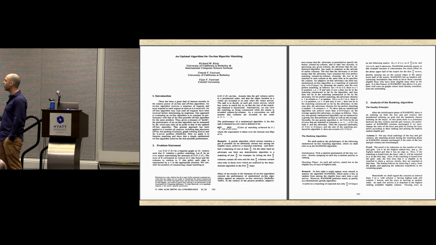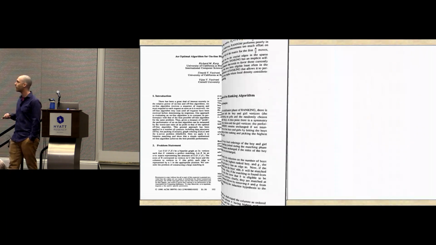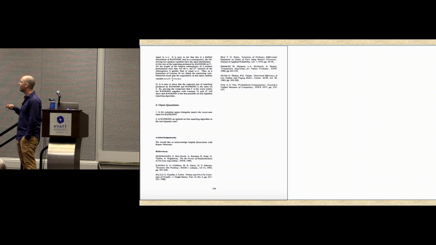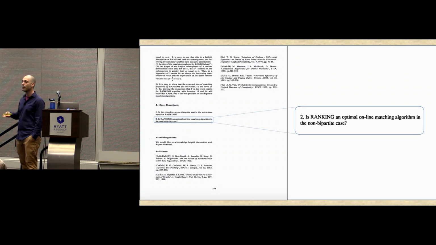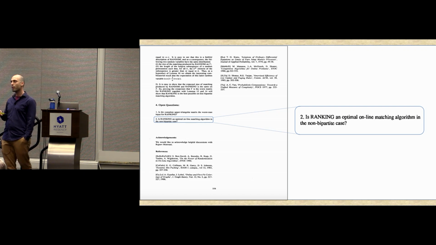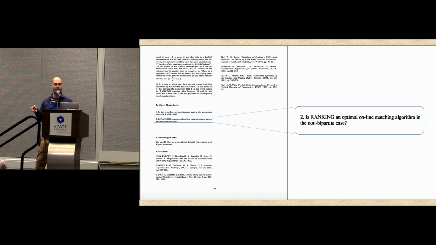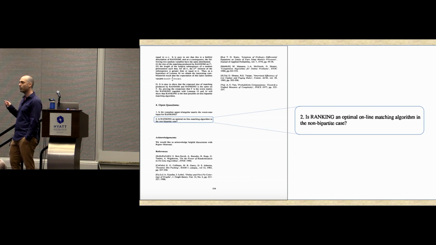If you look at the original KVV paper and skim to the last page looking for juicy open problems, you'll find that they asked specifically: is ranking an optimal online algorithm for the non-bipartite case, that is, for general vertex arrivals? As I argued earlier, they were basically asking whether greedy is the optimal algorithm for the non-bipartite case.